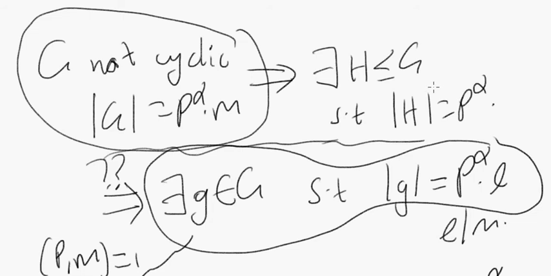Another question is, can we construct an element whose order is definitely p to the alpha times L? That's also unclear how to do. How are we going to find an element in the group whose order is p to the alpha times L, given that the group is arbitrary, and we don't know what elements are in it? All we know is that the order of the group is p to the alpha times m.